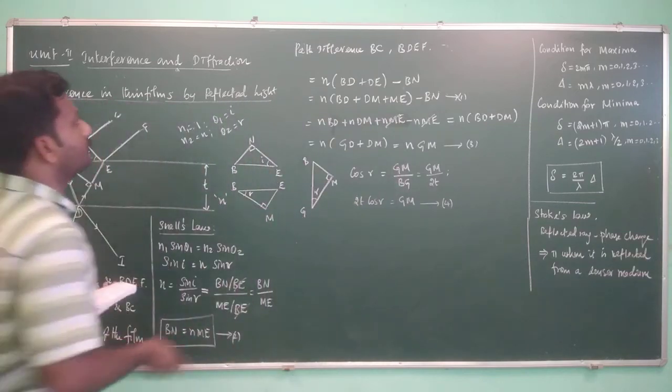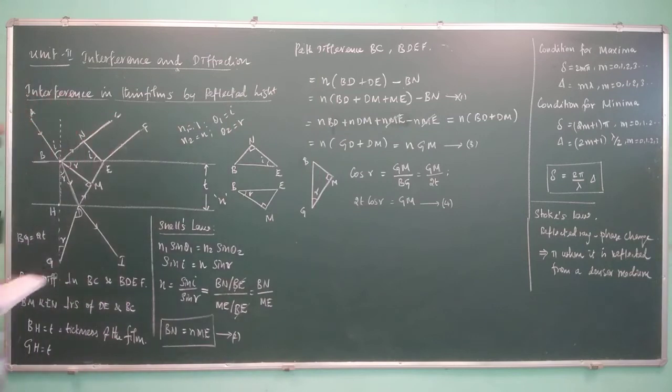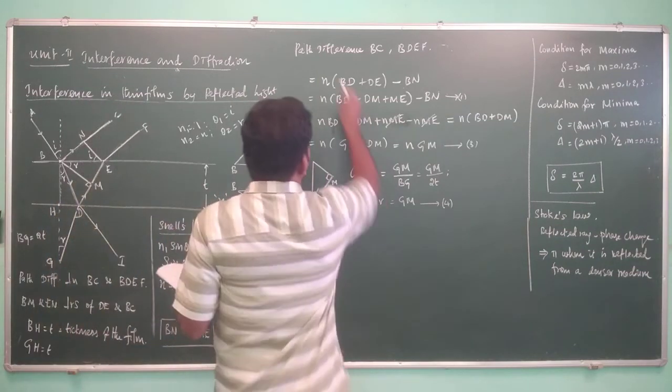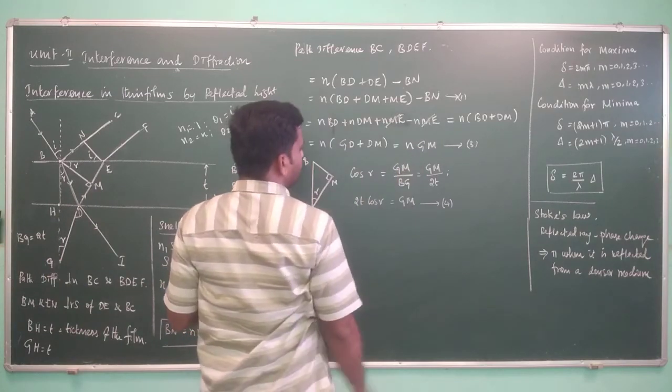So this is the path difference, right? The path difference is nothing but N times GM.